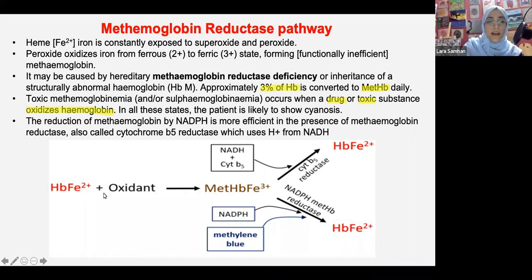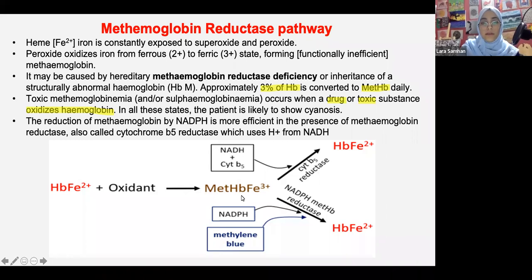It has Fe2+. This is the first, normal hemoglobin. Now, if an oxidant or a free radical is encountered, it turns into a very bad hemoglobin, which is the methemoglobin, and as we said, it has the ferric type, which is Fe3+. Now, this is bad for the body. Why?